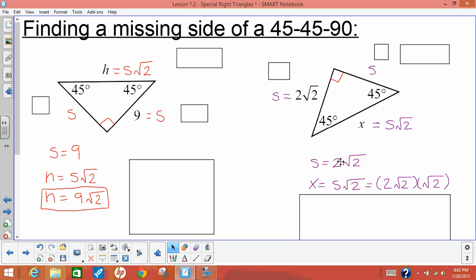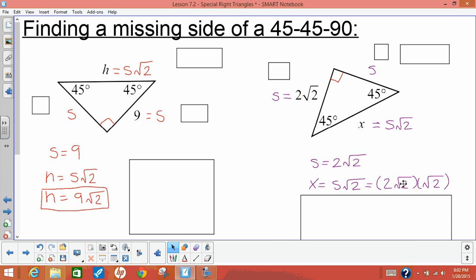So we're going to take that 2 root 2 and plug it in for S. You should always plug in using parentheses. So I get 2 root 2 times root 2. Now if this is something that's uncomfortable for you, I do have a quick review video posted, and you should go check that out. It's a quick reminder of how to multiply square roots and also how to rationalize denominators, which you'll have to do.